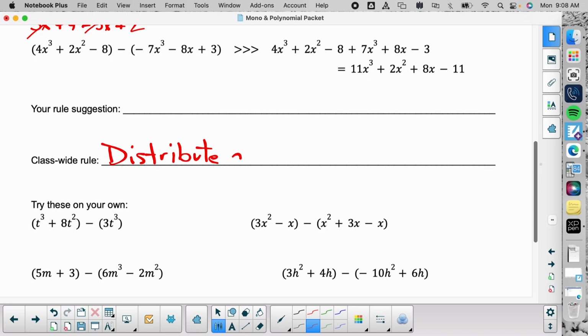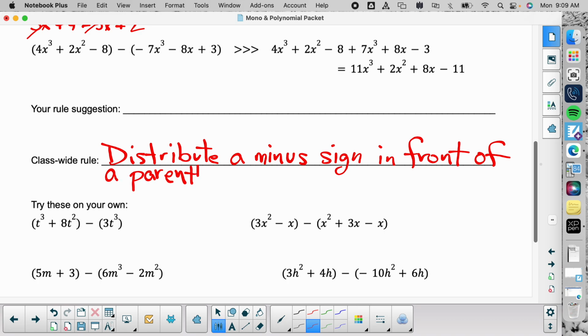Distribute a minus sign in front of a parentheses to everything inside.